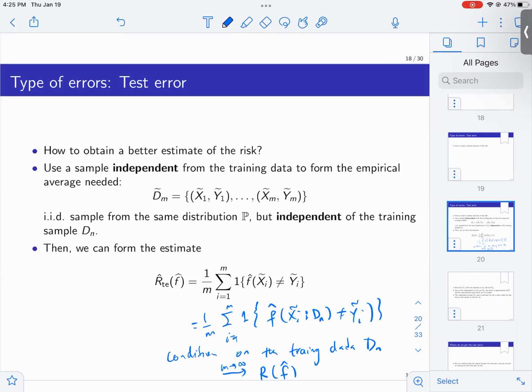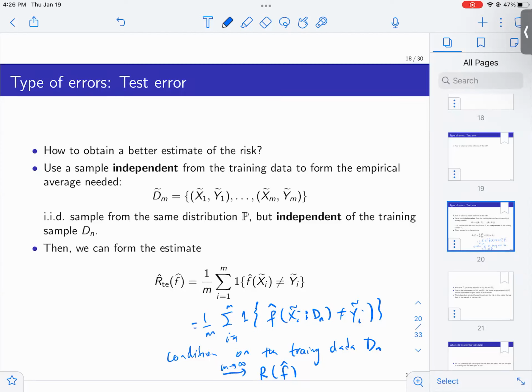You can try to use all your data so that every piece of data appears once in test and once in training. The issue with splitting your data is that you lose statistical performance, because if you use all your data to train, you can do better. We haven't seen this, but maybe later we'll see.